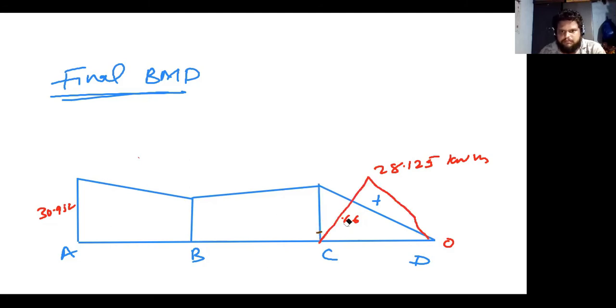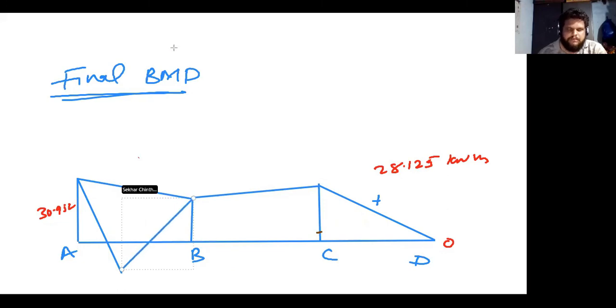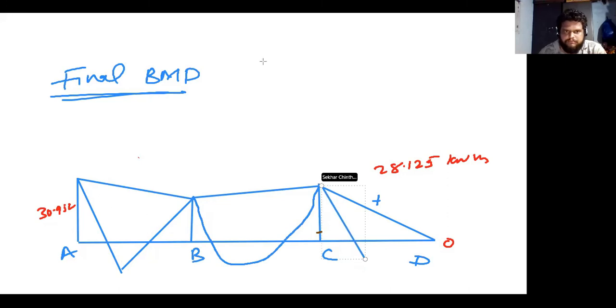So that 48 kilonewton meter. So this is how they will draw the bending moment diagram.